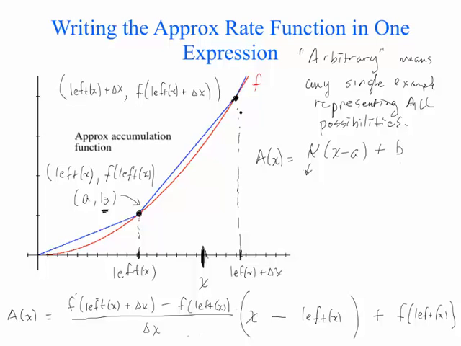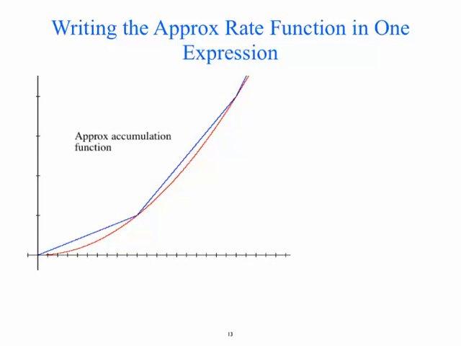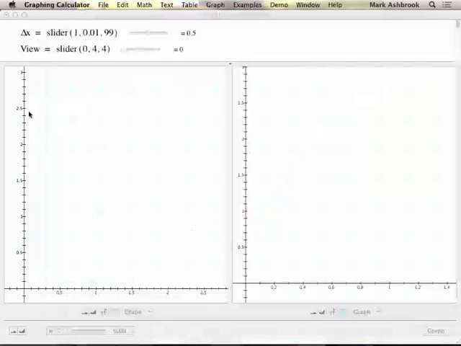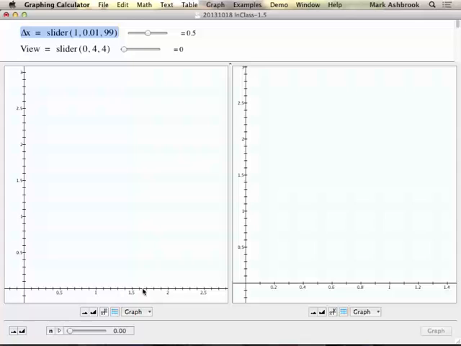Okay, so let's take a look at it. I've got the slider at, here's the exact area, there's our exact area function, and we have the approximate area function.